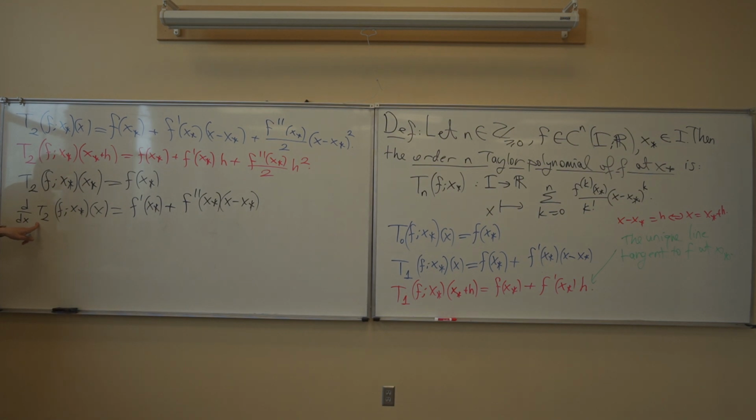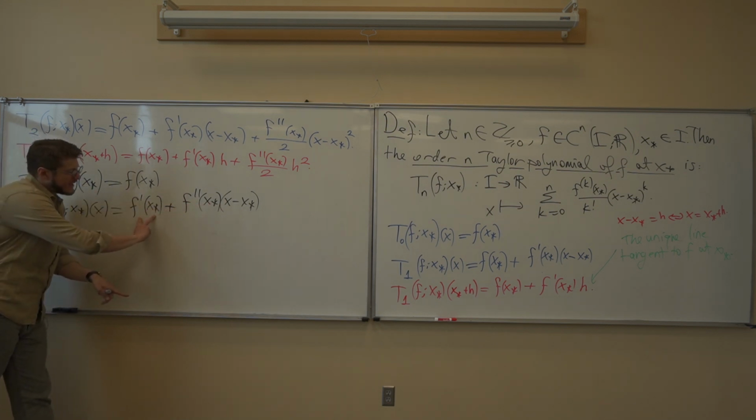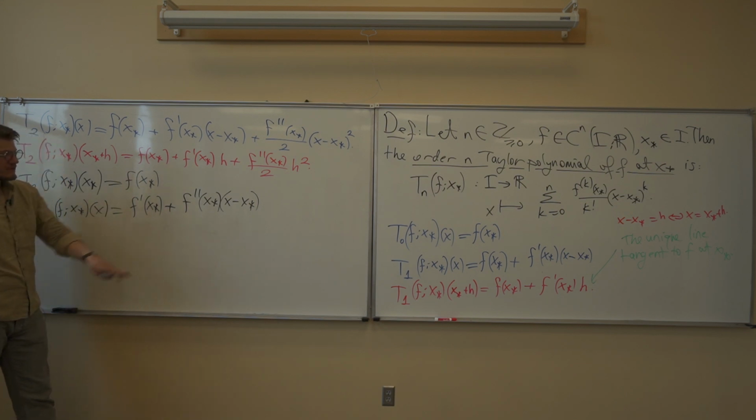Which means that the first derivative of the second Taylor polynomial at x star again is going to be the same thing as the first derivative of f itself, because this guy is going to vanish.